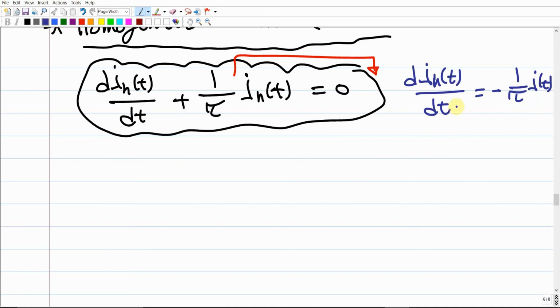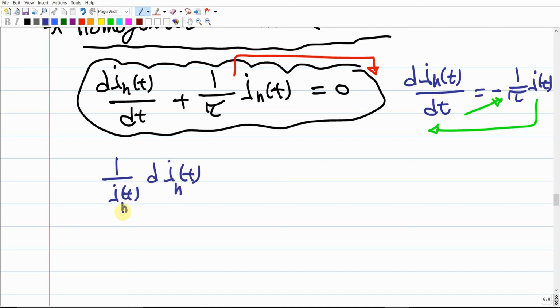So if you move this dt here and put I of T in the denominator, we end up with the expression 1 over I of T dI of T, but this I should be the homogeneous one, right? Equals the negative of dt over tau.